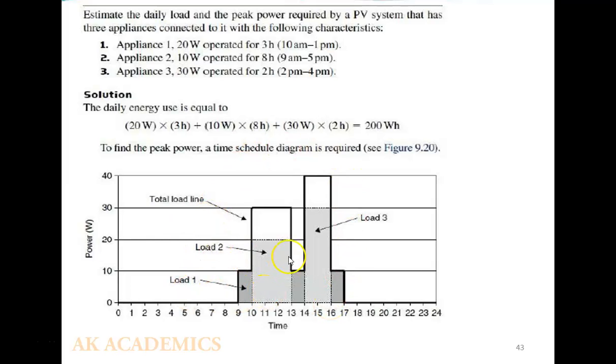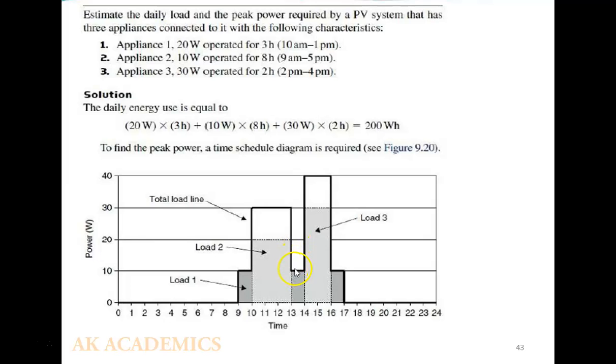Now I need to call your attention to something extremely important. You will notice that the load line has to be drawn. So for the load line, we'll continue with the next appliance, which is the 20 watt load. If you add 20 to 10, it gives us 30. So for the 20 watt load, you draw the 20 from 10. It's going to pick its cue from the 10, and then it goes this way.